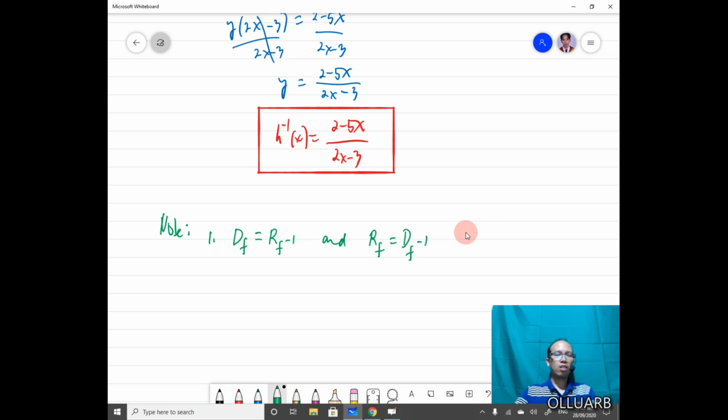That is one of the properties of the inverses of functions.